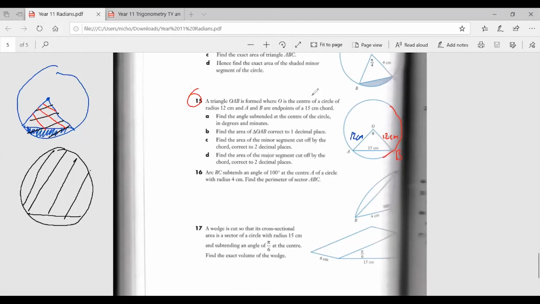And then minus the minor segment, which was 26.6 something. And we get 425.8 roughly.